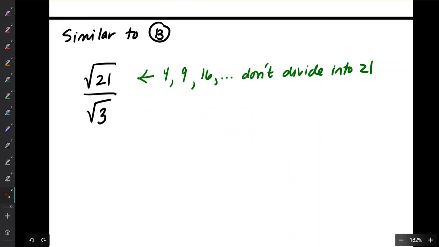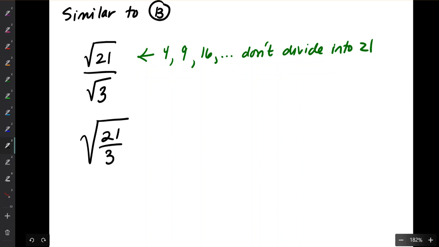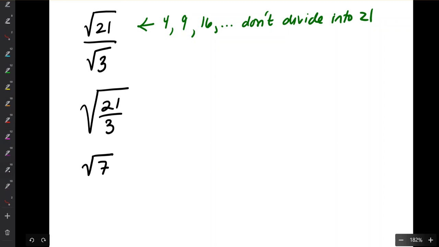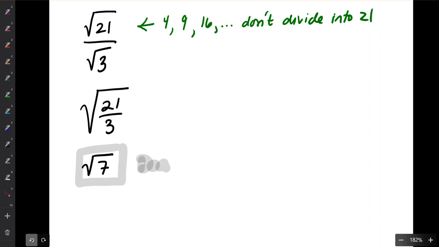Here, I'm taking the square root of the numerator and the square root of the denominator. Since the root is the same, they're both square roots, this is the square root of 21 divided by 3, and that's a fraction that I can simplify. 21 divided by 3 is 7. Here we have it, answer square root of 7. That's simpler. I'm done.